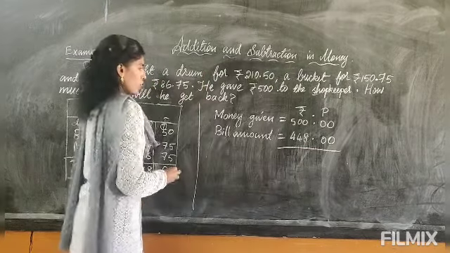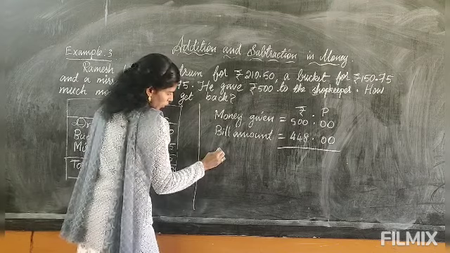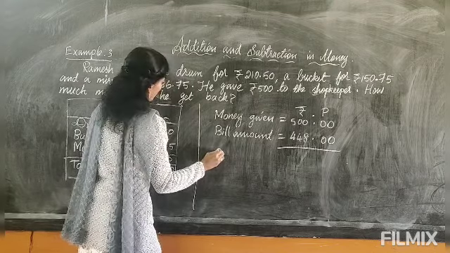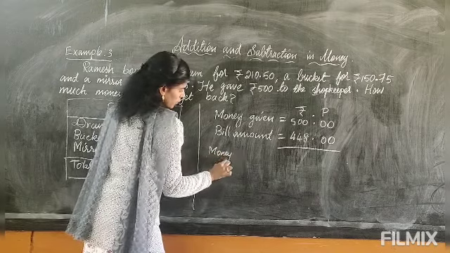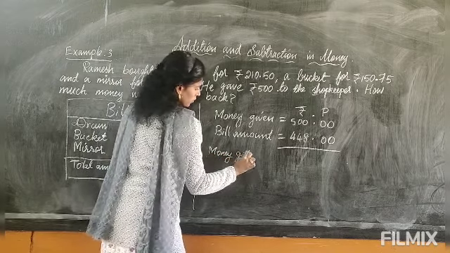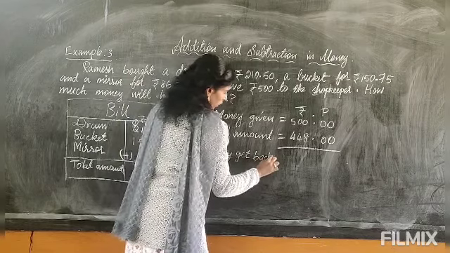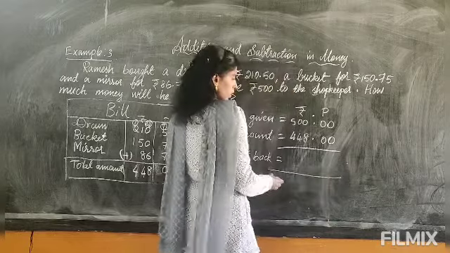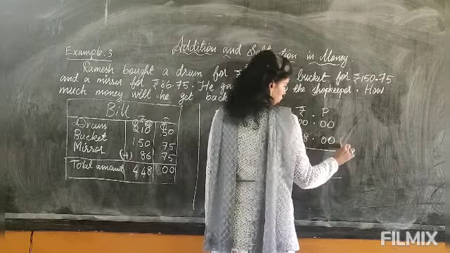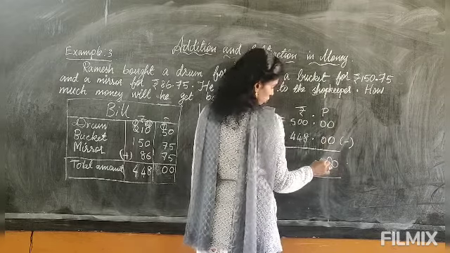Now the amount given back. Otherwise, money returned, or money got back, anything we can write. To find the returned money, you have to subtract here. Both of these are 0, so 0 minus 0, 0 only.